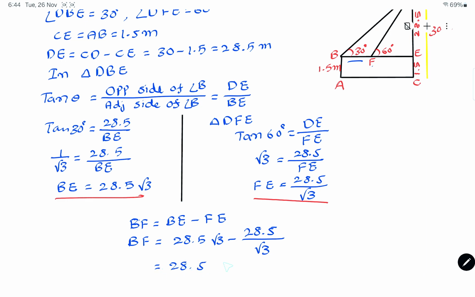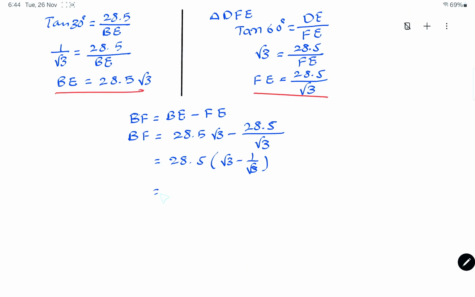Then 28.5 times root 3 minus 1 by root 3. Then 28.5 times root 3 into root 3, 3 minus 1, by, in the denominator, root 3. Now 28.5, 3 minus 1, 2, by root 3.